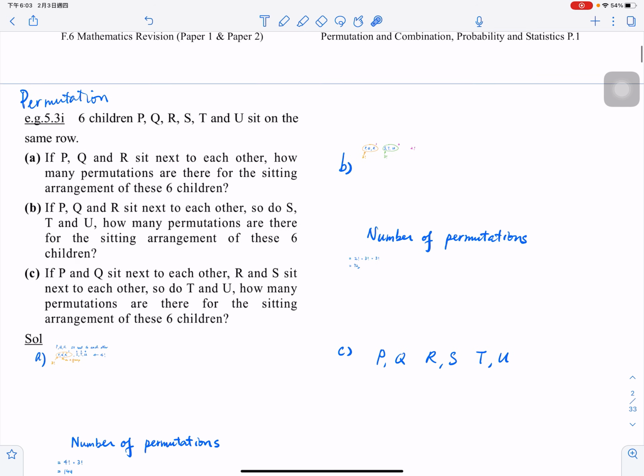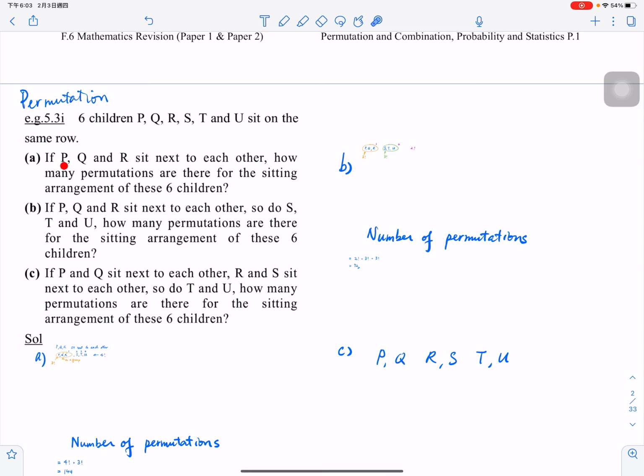Okay, let's see permutation first. Here you can refer to your notes if you have, or just study this question now. 6 children, P to U, PQR, STU, sit in the same row.